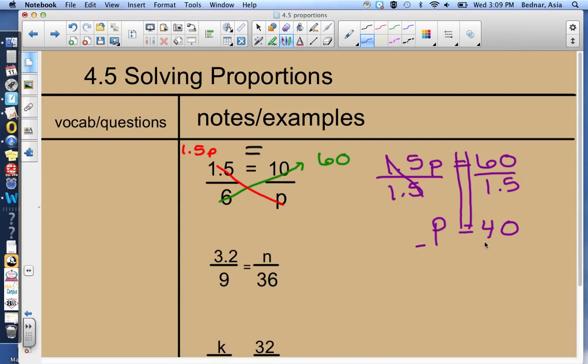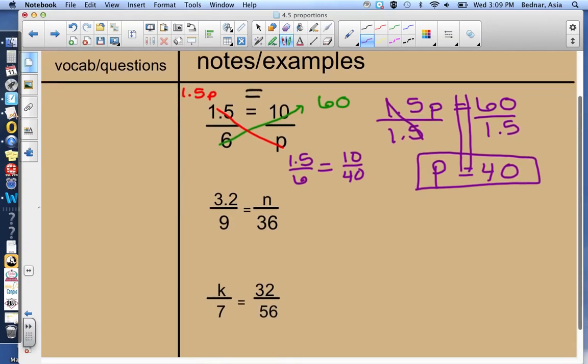So P equals 40. Again, we asked ourselves the questions, what does this mean? This means that if I come back to my original equation, I could fill in P to be 40, and it would make my proportion equal. 1.5 over 6 is the same as 10 over 40.